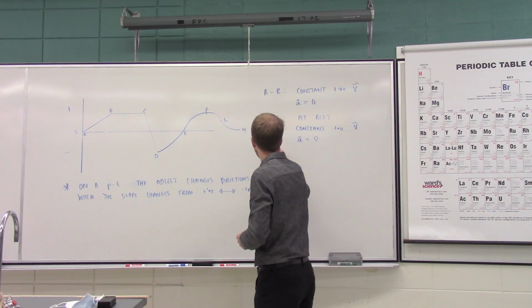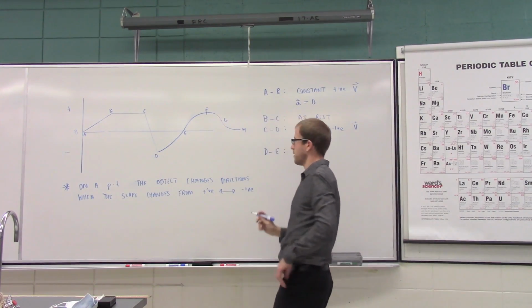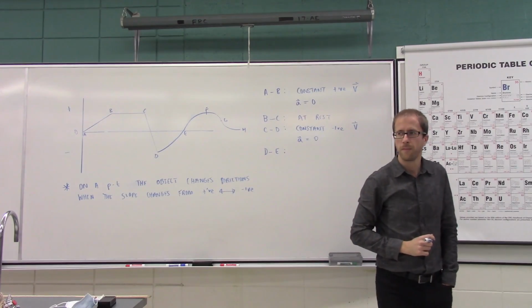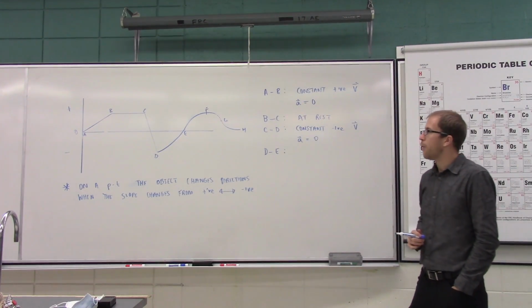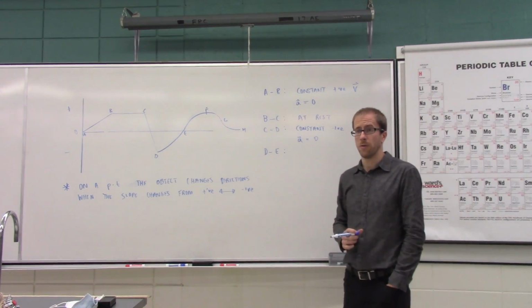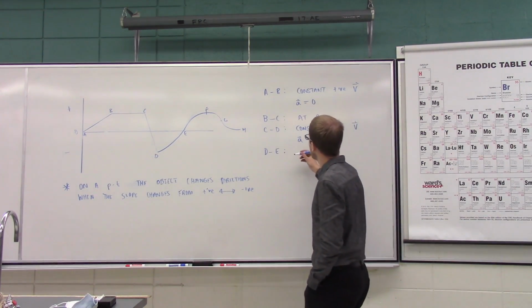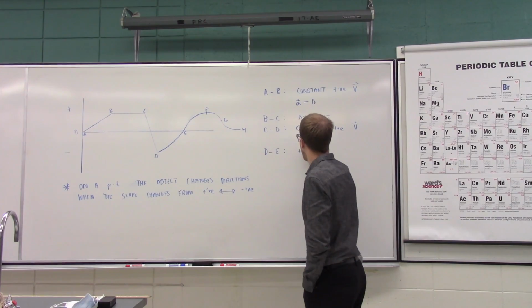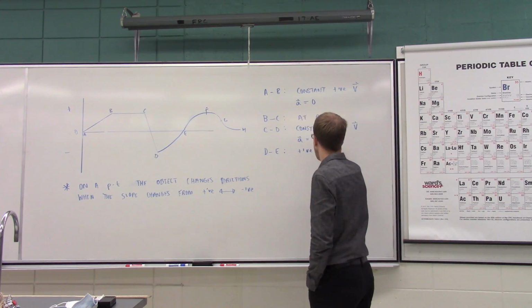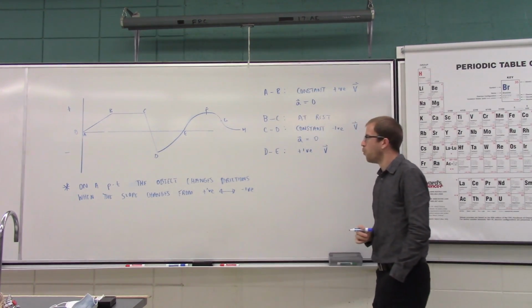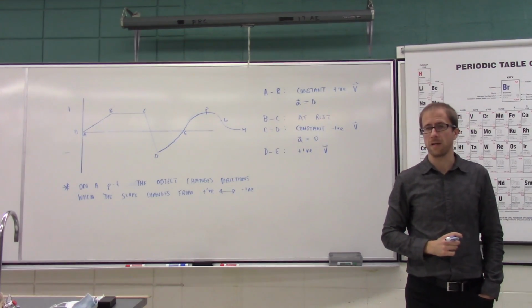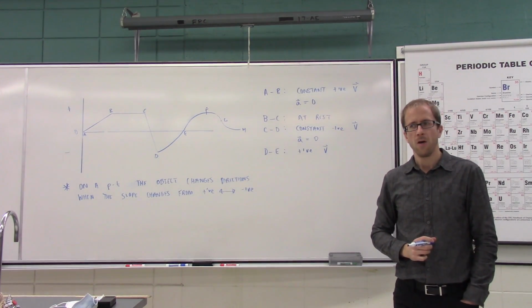How about from D to E? What is happening there? Yeah, we are speeding up in which direction? Positive. Yeah, we are moving in the positive direction and we are speeding up. So we have a positive velocity, and what is our acceleration, positive or negative? Yeah.